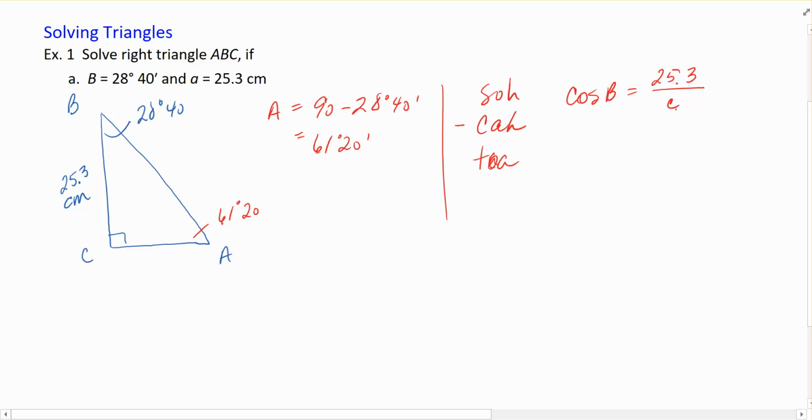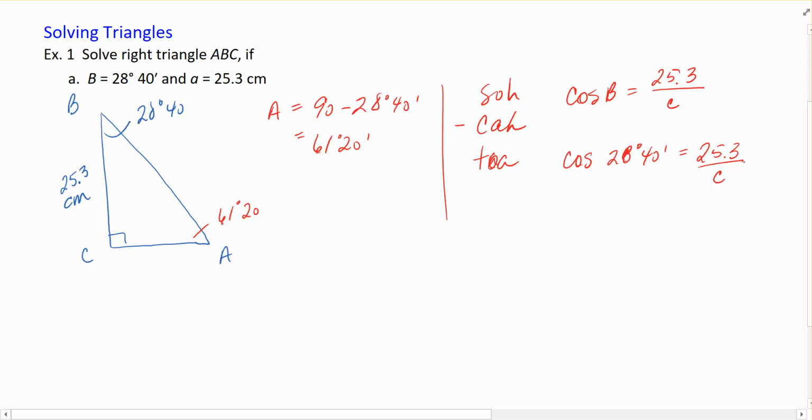And I know what angle B is, so we're going to rewrite this as the cosine of 28 degrees 40 minutes must be equal to 25.3 over C. Now it's just an algebra problem. I have one unknown here, that's C, the variable I'm solving for.